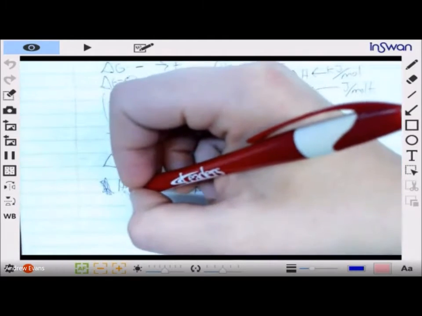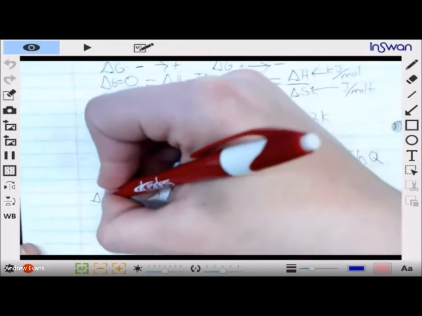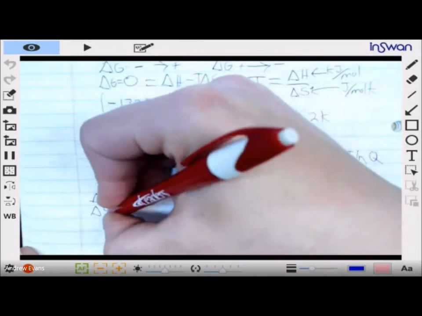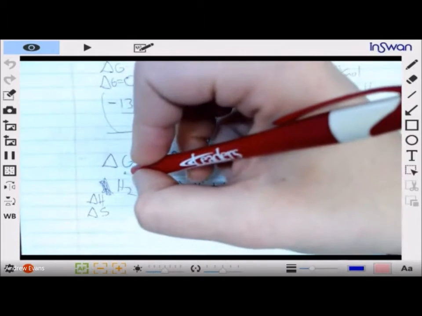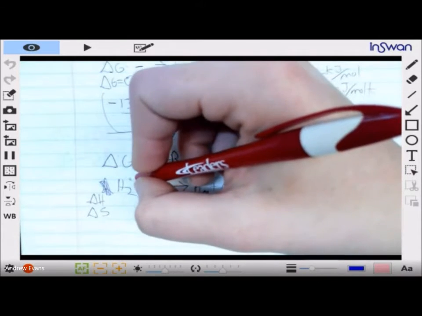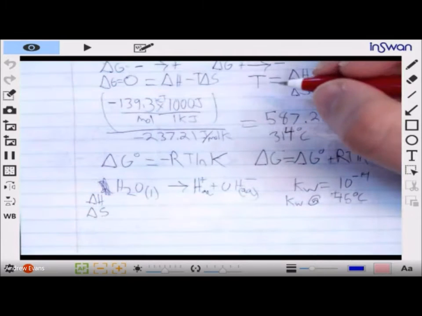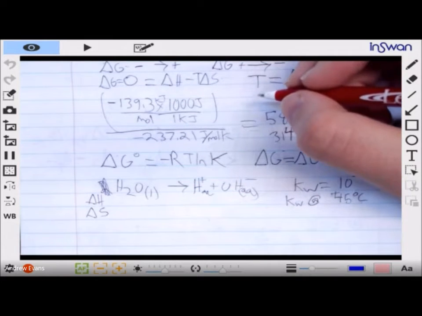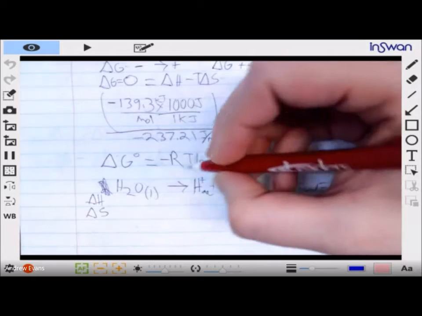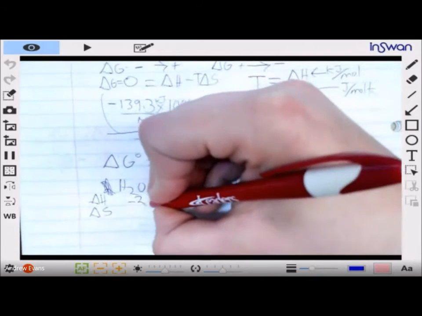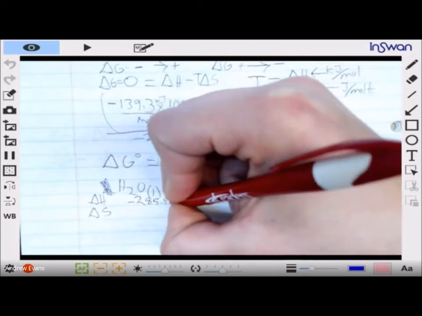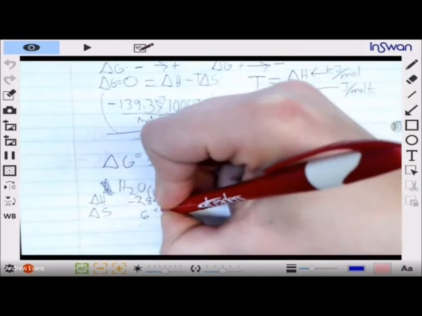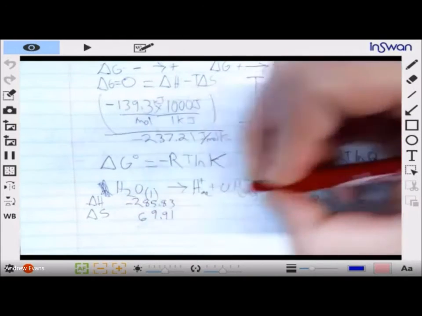So let's find our H and our S. H for water liquid is negative 285.83 and S is 69.91.